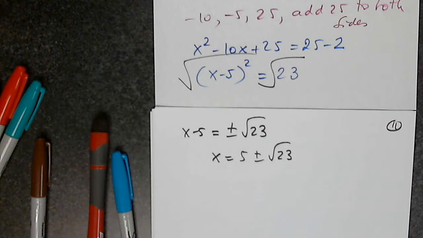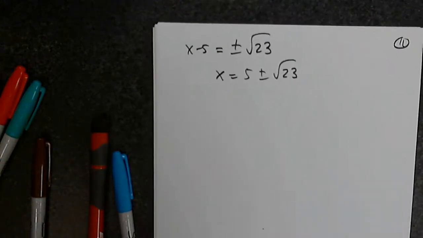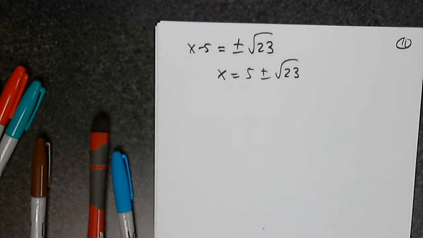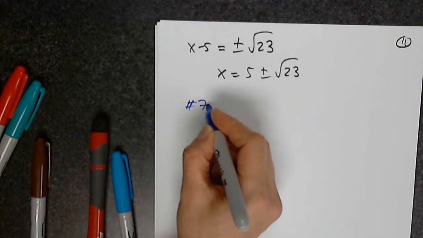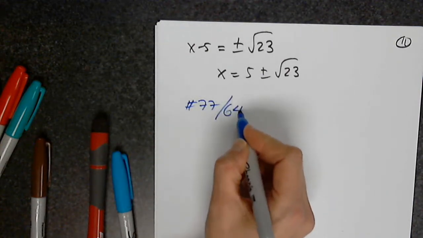Okay. Let's take a look a little bit at chapter 10. Chapter 10 was big, right? Dealing with radicals. So let's take a look at finding the distance and the midpoint. Let's say we're given problem 77 on page 646.